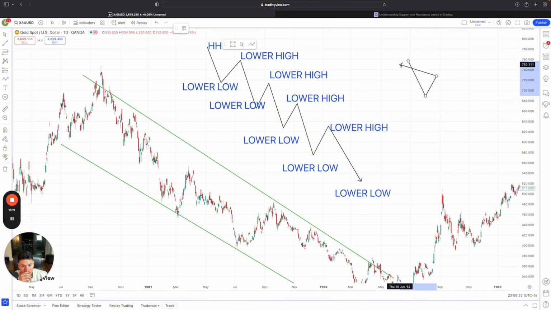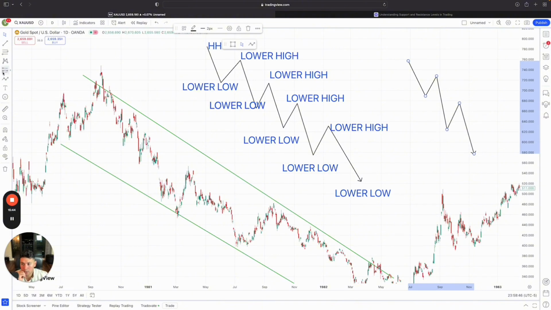It doesn't go higher than that. Otherwise it would have been a new higher high, but since it's respecting the bearish market structure, it's not going to go over the previous lower high, so it's going to create a new lower low. After the new lower low is created, it creates a new lower high, respects the previous lower high, and then comes right back down to the new lower low.